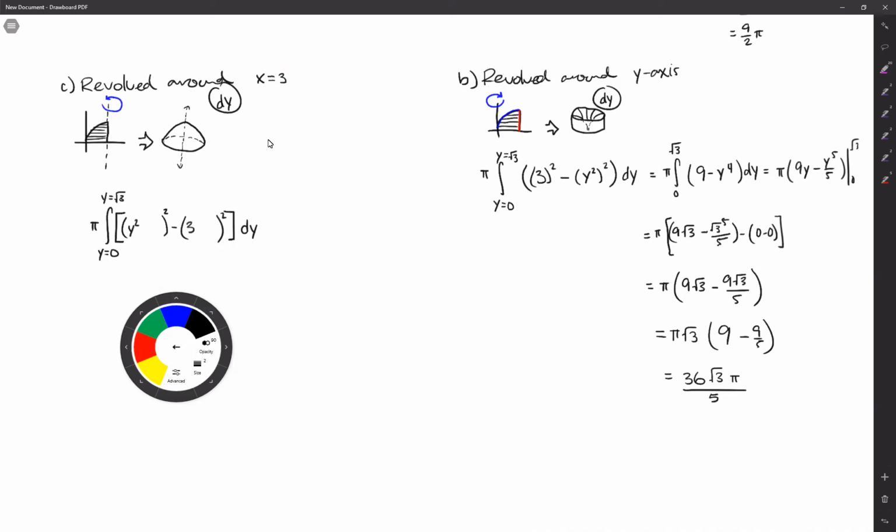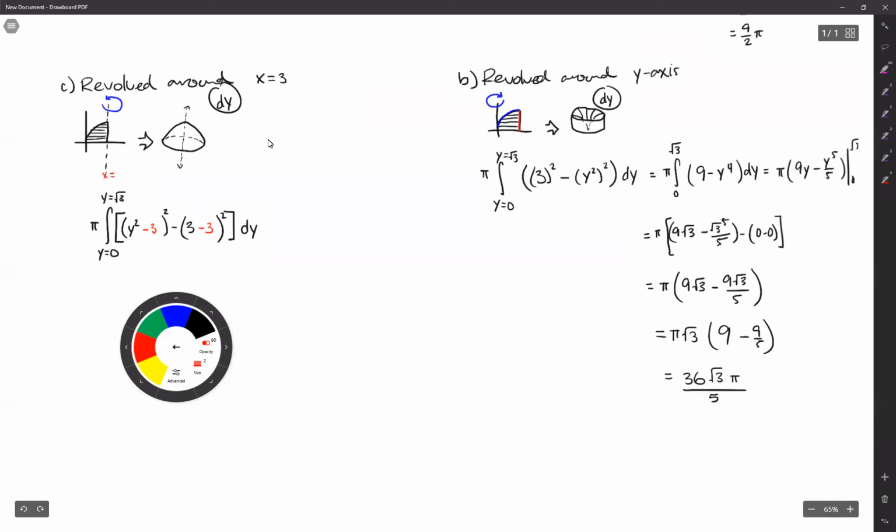Now, this is where things get different. Because our axis of rotation is offset, we have to throw in a minus 3 here and a minus 3 here. Because this is our axis of rotation.